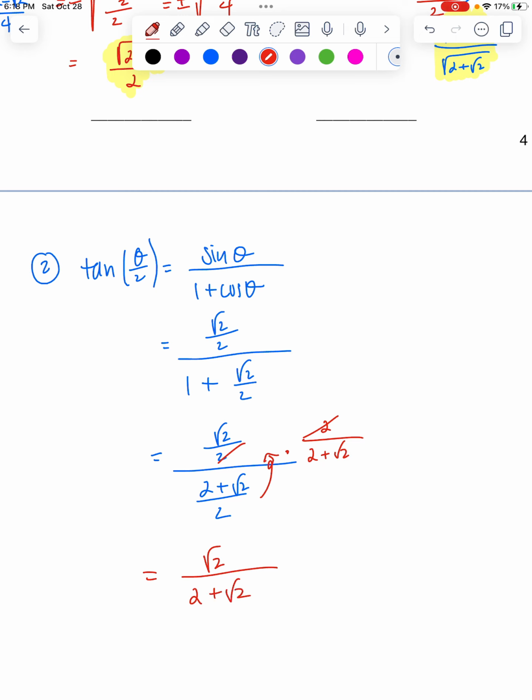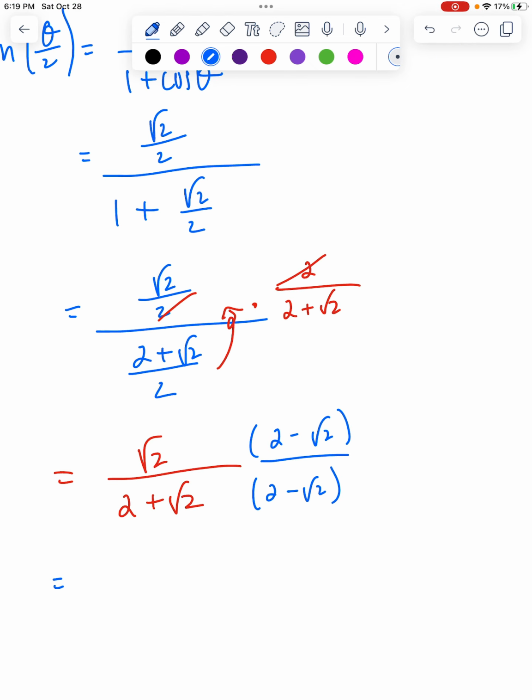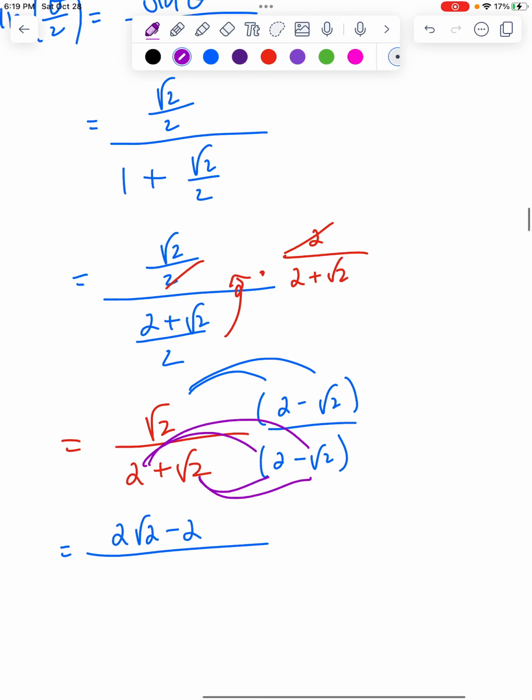Now we've seen this before. This is when we're going to multiply by the conjugate. So this is 2 minus radical 2 over 2 minus radical 2. For my numerator, I'm just going to distribute. This becomes 2 radical 2 minus 2. And for my denominator, we're going to FOIL: first, outer, inner, last.